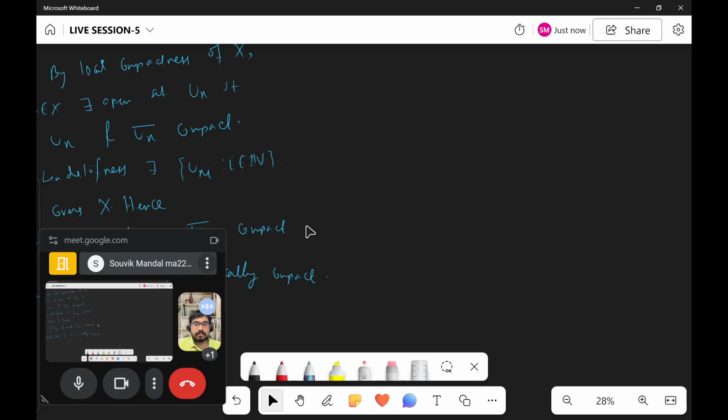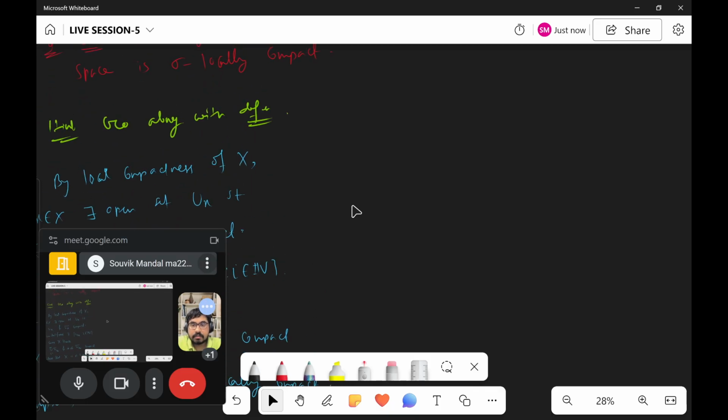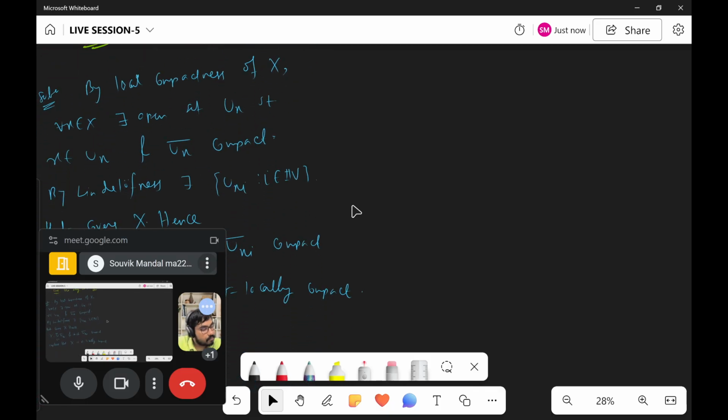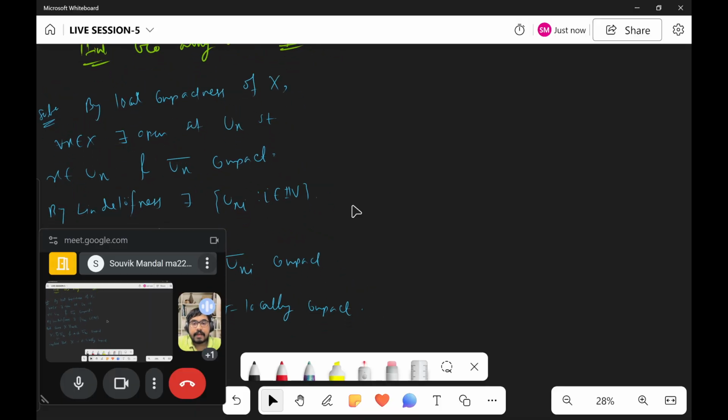So what I'm saying is the following. Local compactness of X tells us that for all x belonging to X, there exists an open set Ux such that x belongs to Ux and the closure of Ux is compact.